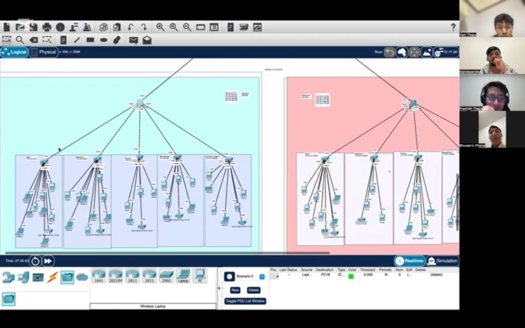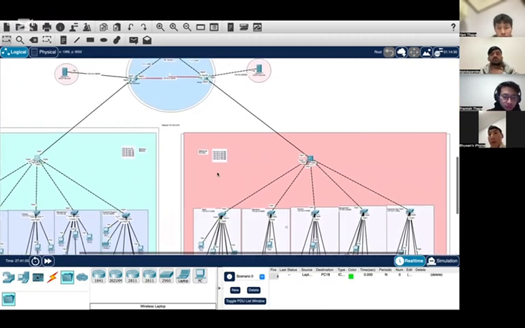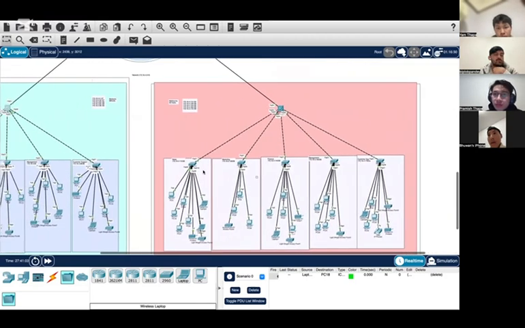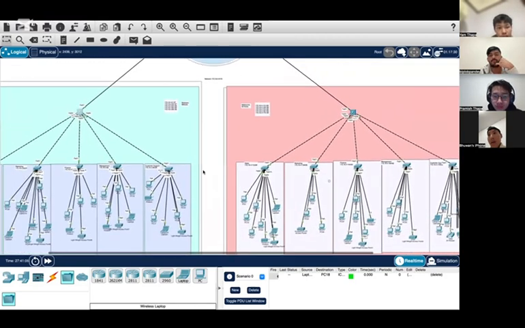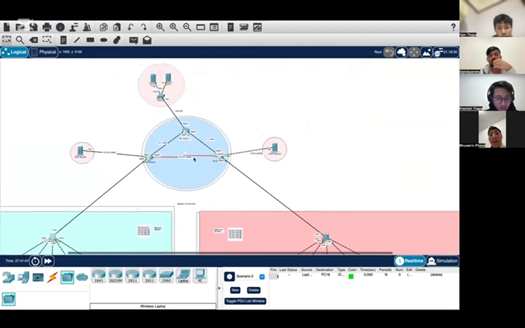We also configured switch port security for all the ports in the access switches. These are configured for both sites, and then the routers which are connected to the ISP, with a public address in order to access the public DNS, Google servers.